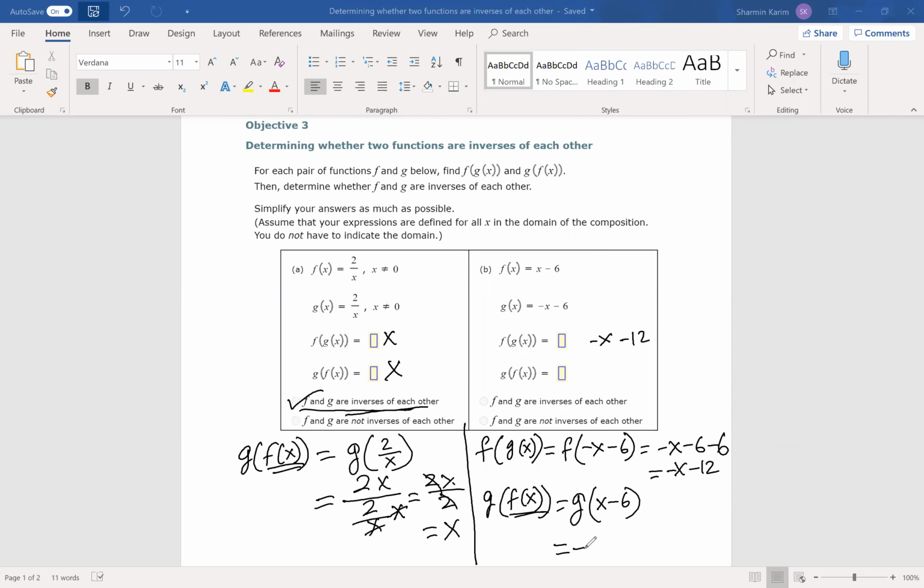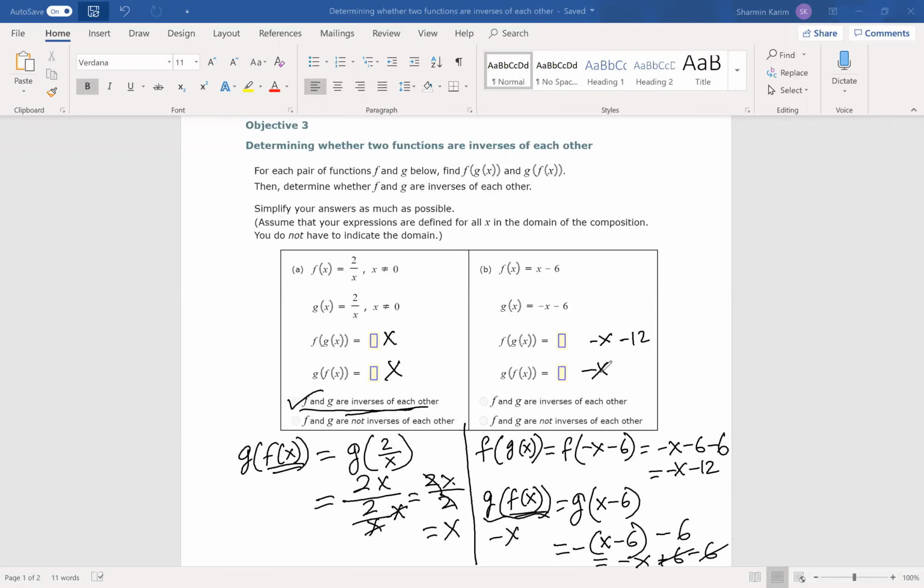Now we have a negative sign, then x will be substituted for x minus 6. And then we have another 6 here. So we have negative x plus 6 minus 6, they cancel each other. So g of f of x is negative x for this one.